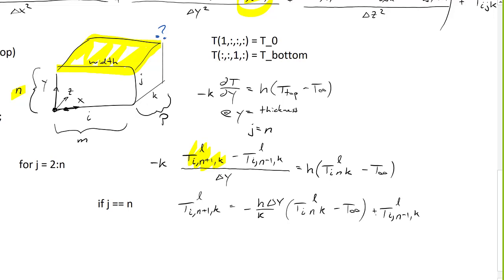So we want to make sure, I'm assuming I did the algebra right. H delta y over negative k. Yeah. Okay, so you're going to say something like that. If j is equal to n, sometimes I might call this like T upper ghost or something like that.